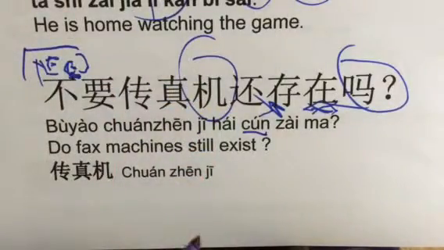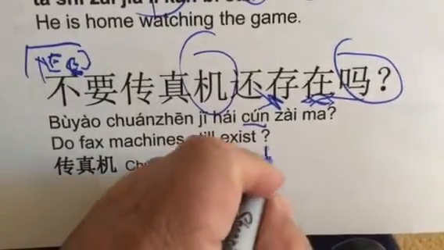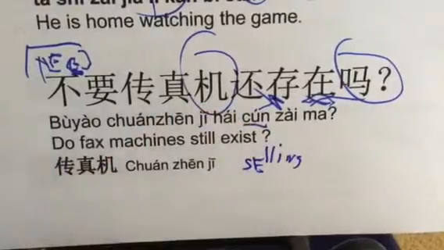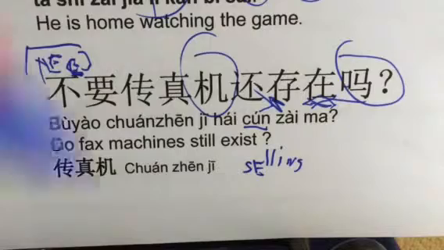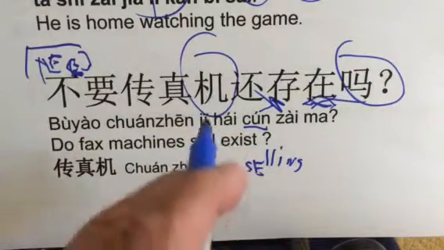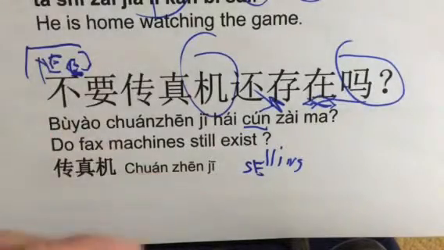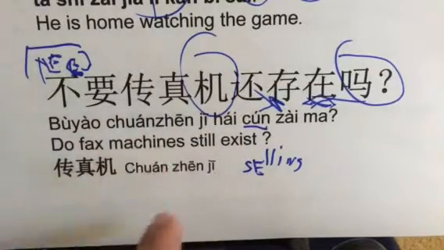If you're buying or selling, especially if you're selling, it would be nice if I actually was able to write in English. If you're selling to China, you want to be able to use this machine character. When I said Chuanzhenji, you want to be able to add that character and it will make it the machine.